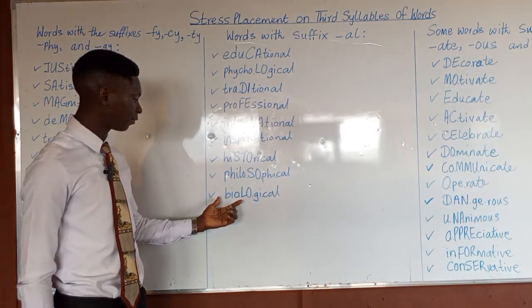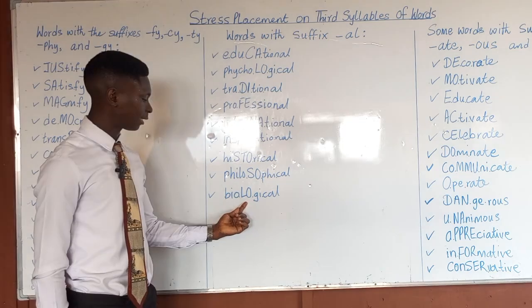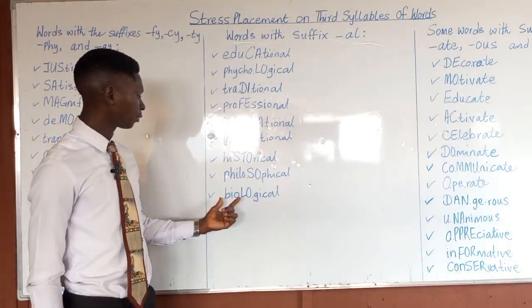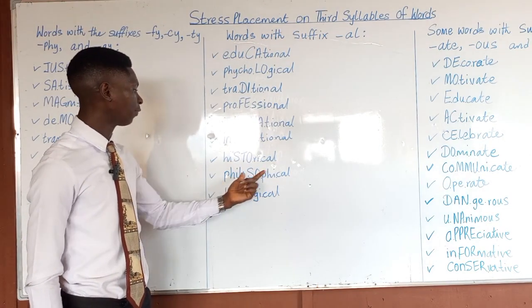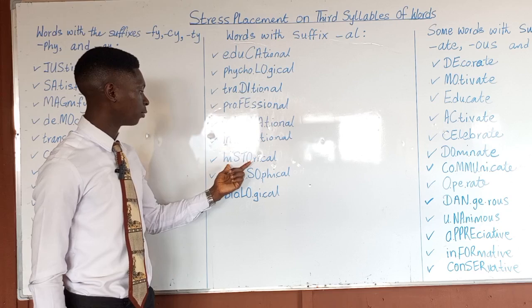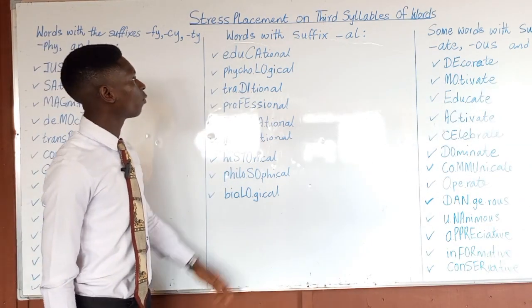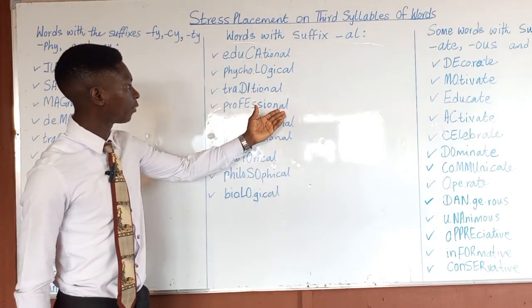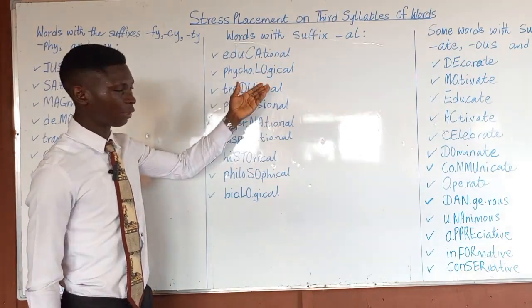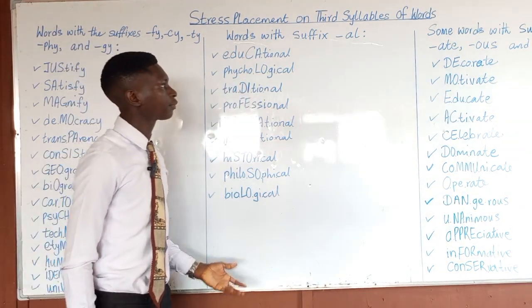So here we have the stress on the second syllable, which is law. Here we have in saw, biological, philosophical, historical, thought, and so on. So take note of these as well, where we have al as the suffix of each of these words.